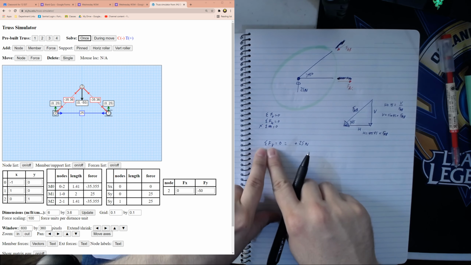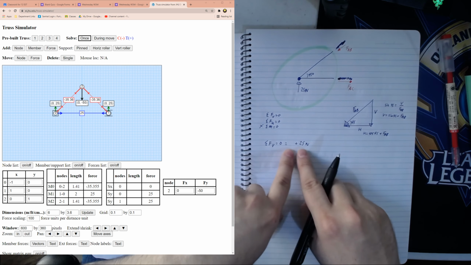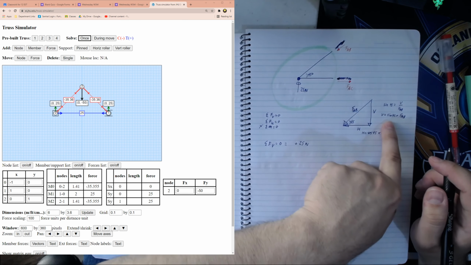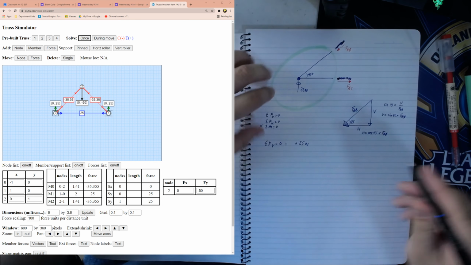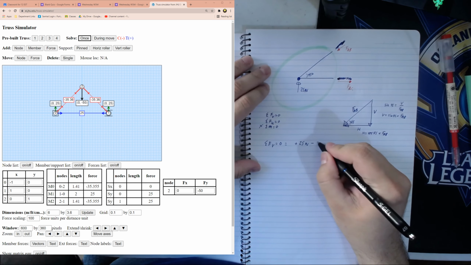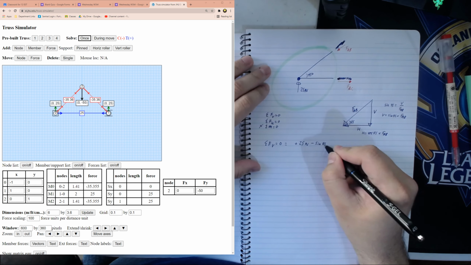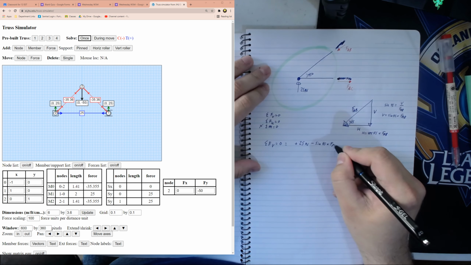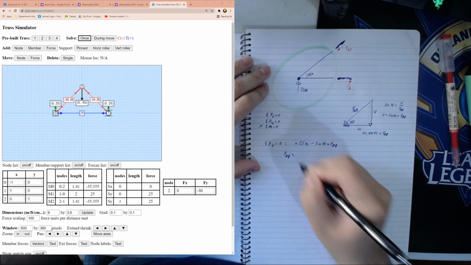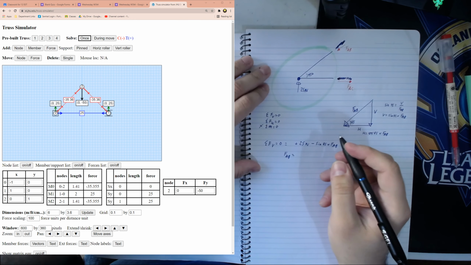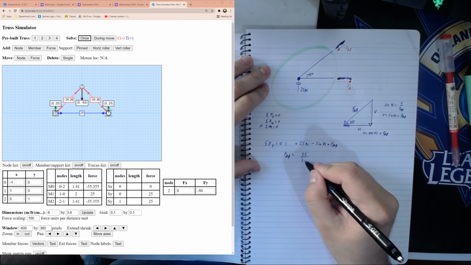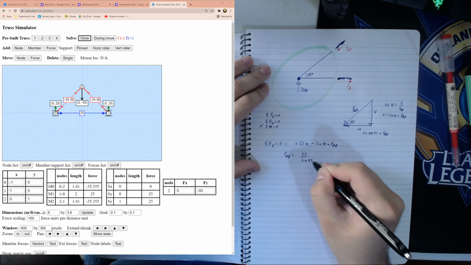So our sum of all forces vertical equals 0. We have plus 25. We have our vertical component of this over here, sine 45 times FAB. And it's down, so it's going to be negative. So minus sine 45 times FAB. Then FAB is going to equal 25 divided by sine 45.